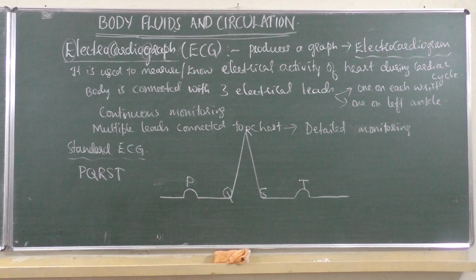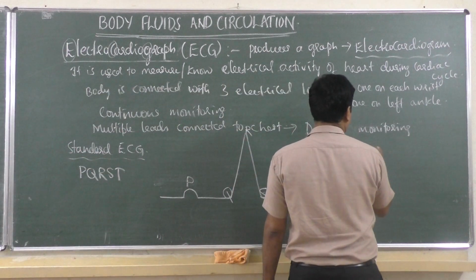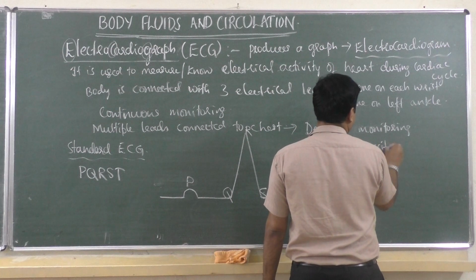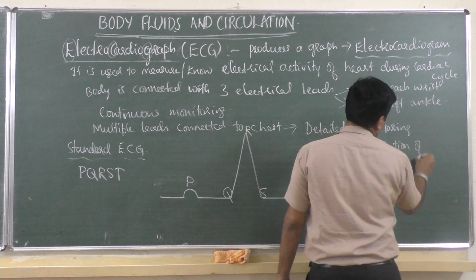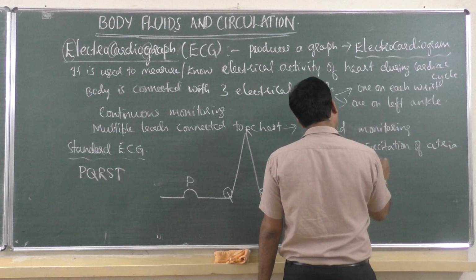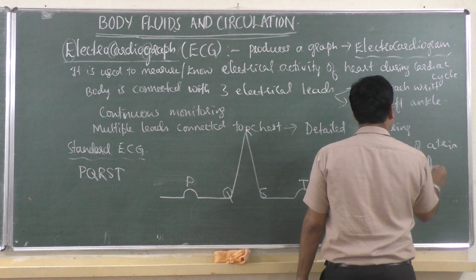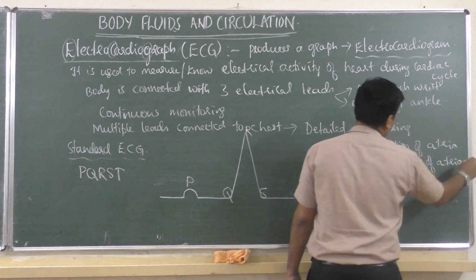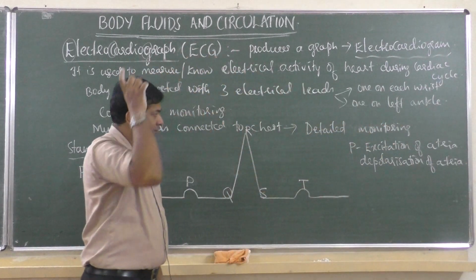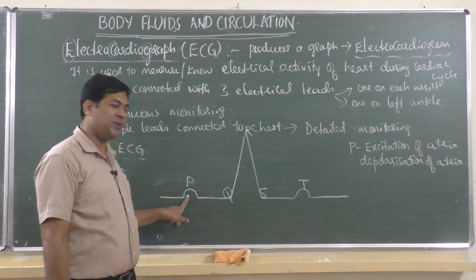P stands for electrical excitation or depolarization of atria. It means when the auricles pump blood to the ventricle, then you see this kind of peak.